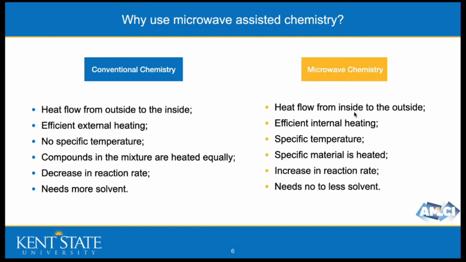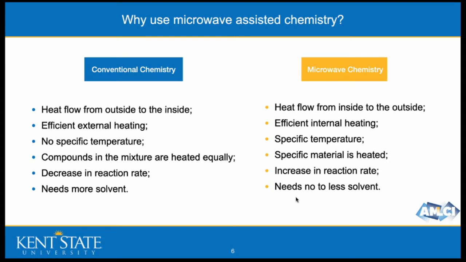But when you use microwave chemistry, the heat flow is from the inside to the outside. So there's a very efficient internal heating, and with a specific temperature. So now you're not restricted to the boiling point of your solvent. You can go beyond that temperature. And a specific material is heated. And there's usually an increasing reaction rate. That means the reactions will be faster.